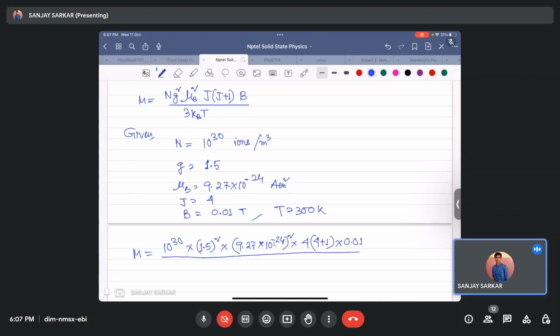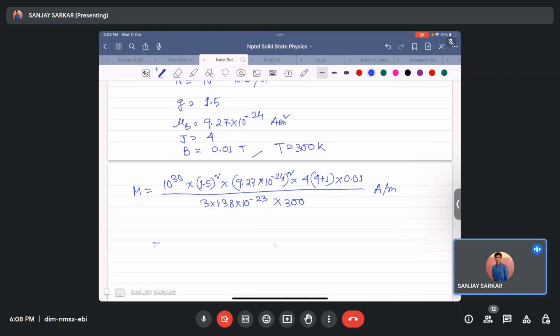Now in the denominator we have 3 into 1.38 into 10 to the power minus 23 joule per Kelvin, and temperature is 300 Kelvin, in ampere per meter. So this is the formula. Now calculate this and see which of these options is correct.